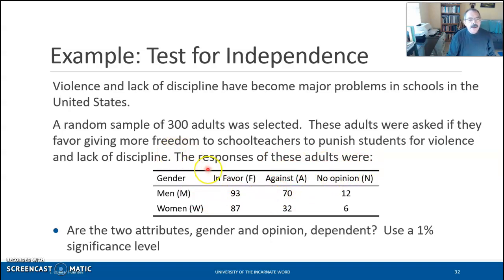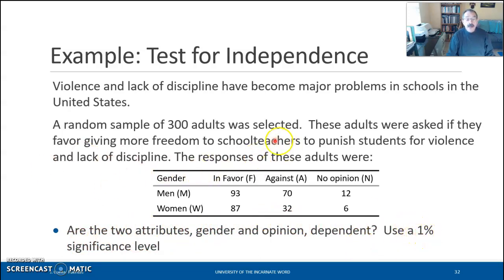So here, we would like to see if there is a dependency between gender and the opinion of giving more freedom to teachers to punish students for disciplinary issues or violence. In this particular problem, we would like to determine if these two attributes, gender and opinion, are dependent, and we use a significance level of 1%.